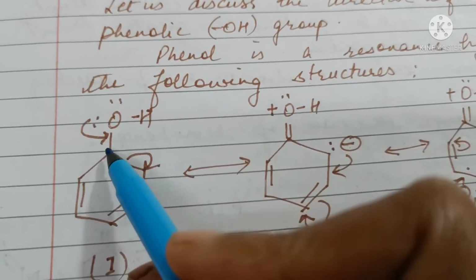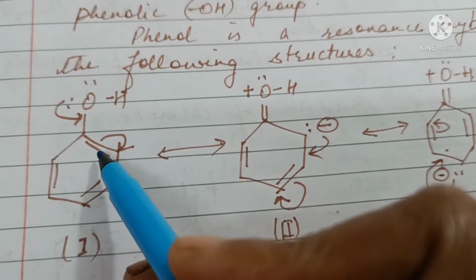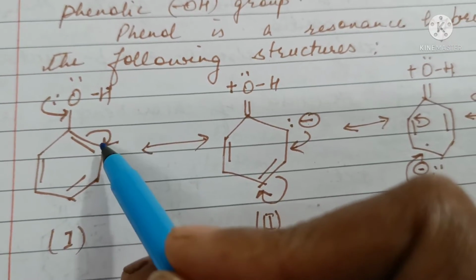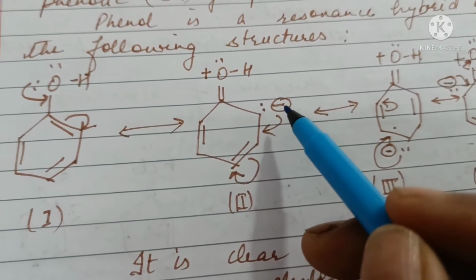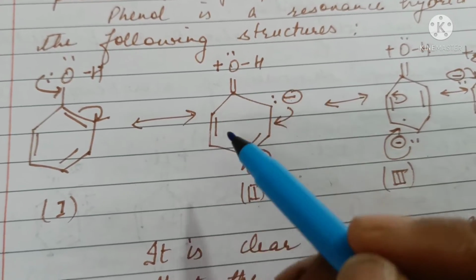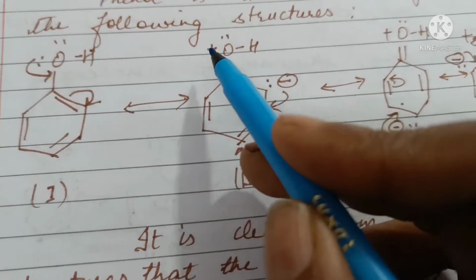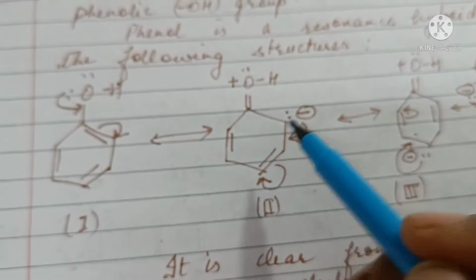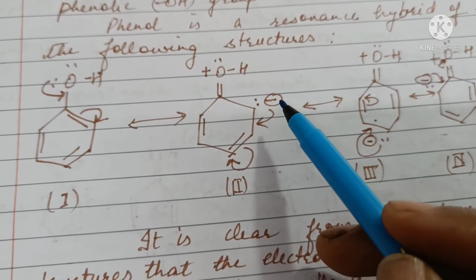These lone pair electrons move here. As a result, the pi electrons move to the next carbon atom and a negative charge resides here in the next structure. A double bond comes here, positive charge on this oxygen atom and a negative charge here.